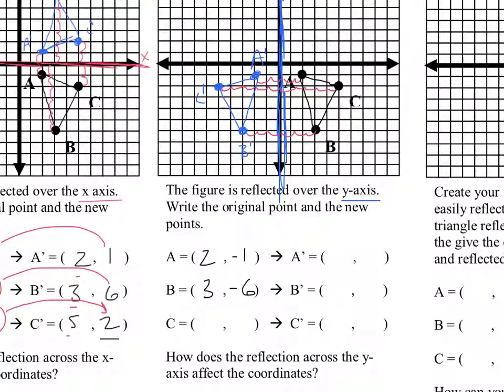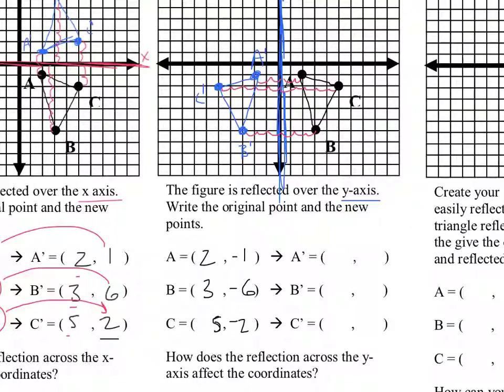Original coordinates for C. Jasmine? Yep. 5, and then this is -2.